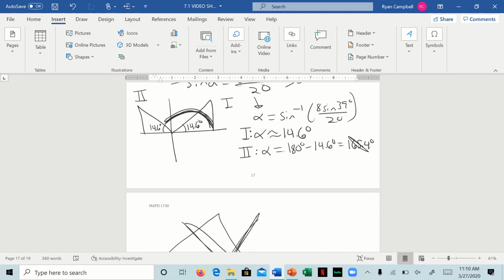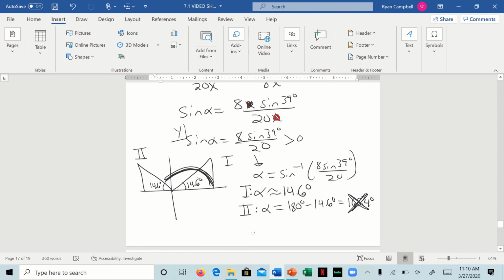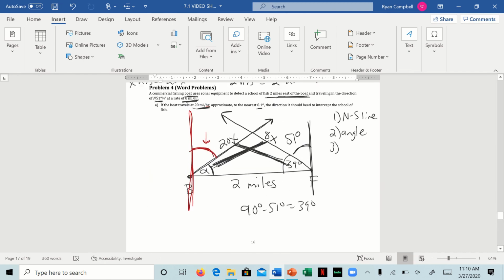So actually this time we are only in the first quadrant. But as you already saw from that previous example, sometimes you do end up with two different angles, two different triangles. But luckily, in this case, it's just the one, the 14.6. That's the only one we have to worry about. So going back here, this is 14.6 degrees.